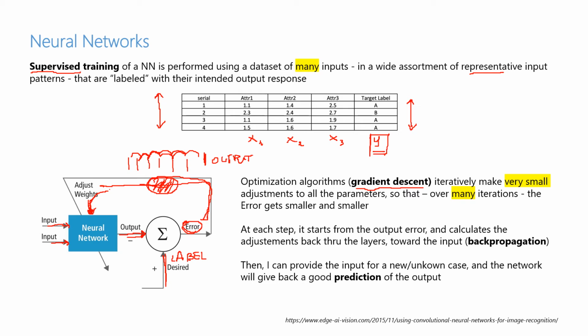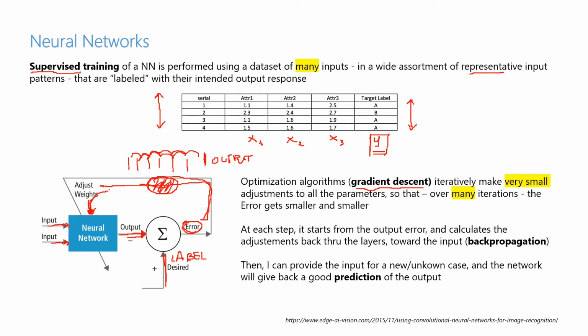This cycle is gone through many times because we can have thousands, hundreds of thousands, millions of cases, and we can go through our case history hundreds of thousands of times.